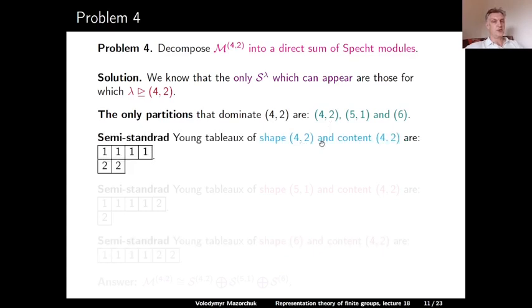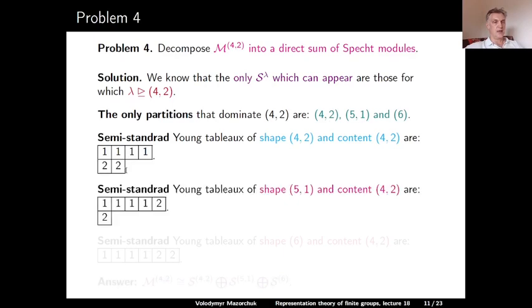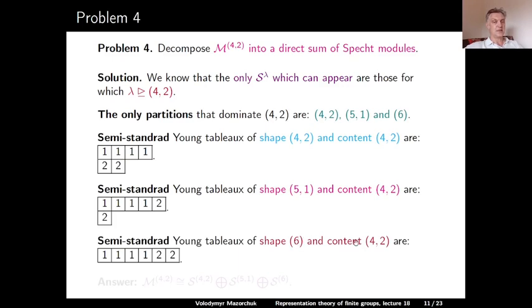So for shape (4,2) and content (4,2), there is only one tableau, 1,1,1,1 in the first row and 2,2 in the second row. For shape (5,1) and content (4,2), we can write 1,1,1,1,2 in the first row and 2 in the second row. For shape (6) and content (4,2), we can write 1,1,1,1,2,2 in the first row.